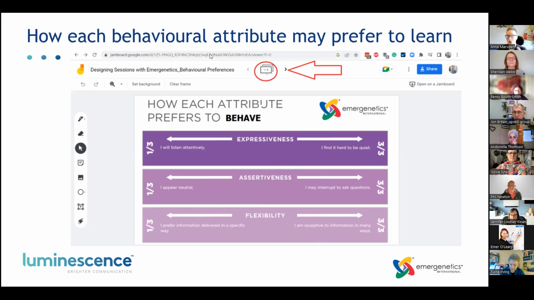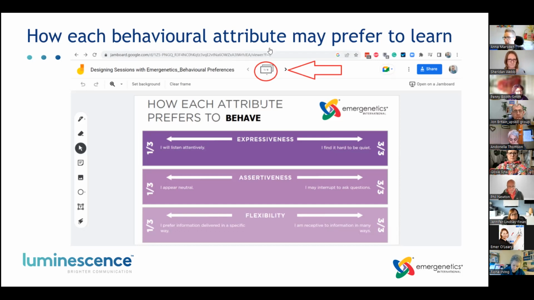So the frame 2, I'd like Andanella, Fiona, Gossier, John, and Penny to work on that. And your question is the same for each frame. What activities will resonate with this behaviour spectrum? So on the spectrum, you can go all the way to first, all the way to third. What are the types of activity that will resonate with this behaviour?